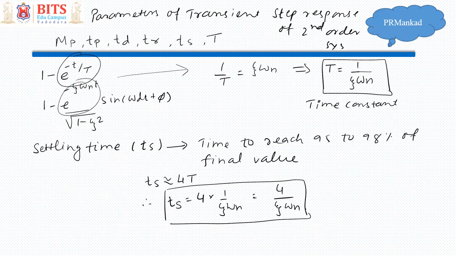And we all know that approximately settling time is 4 times the time constant. So settling time is 4 into 1 upon zeta omega n, that is equal to 4 divided by zeta omega n, right? So using these mathematical formulas, we can deal with the mathematics part or numerical part of the second order response.